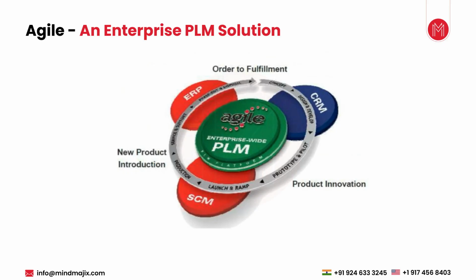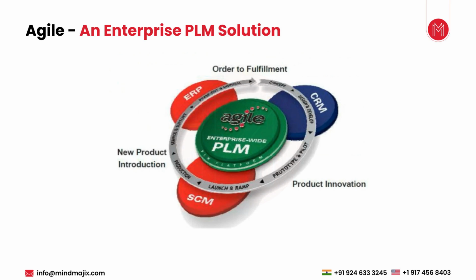These are also important entities for any business. ERP is like a source of truth for all the information. Then CRM is needed, and SCM is also needed. All of these get integrated with Agile PLM, and it has the capability to integrate them in order to do new product introduction, product innovation, and order to fulfillment.